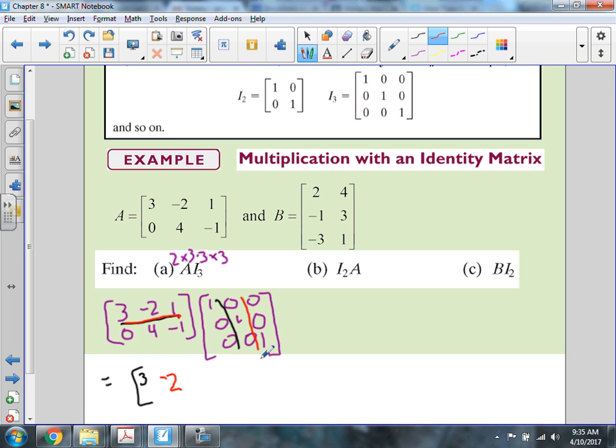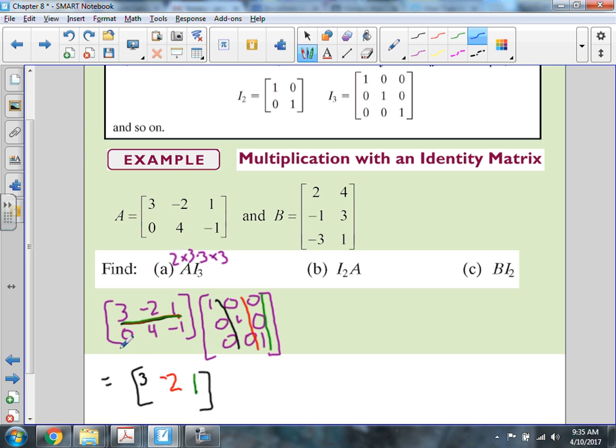And then 1 times 0 is 0. So far so good. Now I'm going to do row by column one more time. So 3 times 0, negative 2 times 0, 1 times 1. Hey, you guys see that? I have preserved the first row of A. So far it is acting as it should.